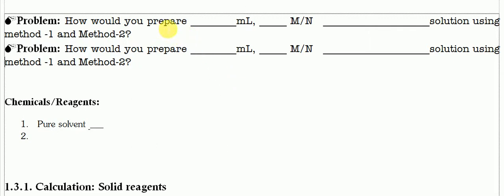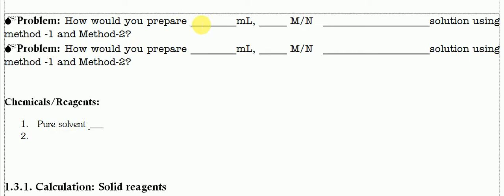So at first you have to fill up the question. Whenever you are asked to prepare a solution with a specific volume and a specific strength, and you know the name of the reagent that has to be prepared, then at first you have to fill up this question form.